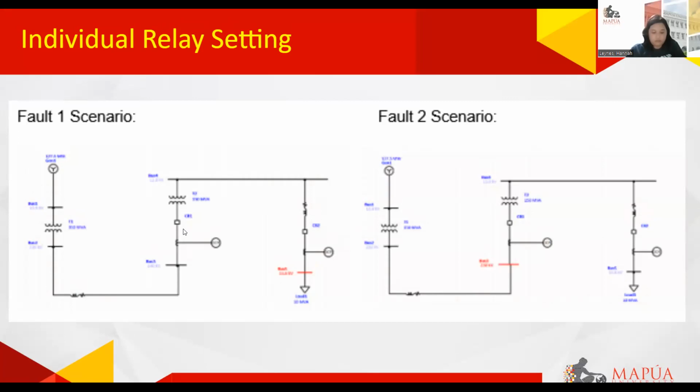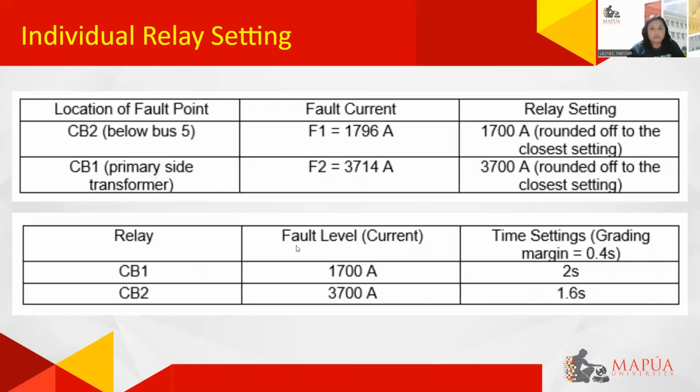Then 80% of the load currents will be calculated at fault 1 and 2, since there is a regulation that we encountered while searching for how to compute the current discrimination. The result was 1,437 for fault 1, and for fault 2 it is 2,971.